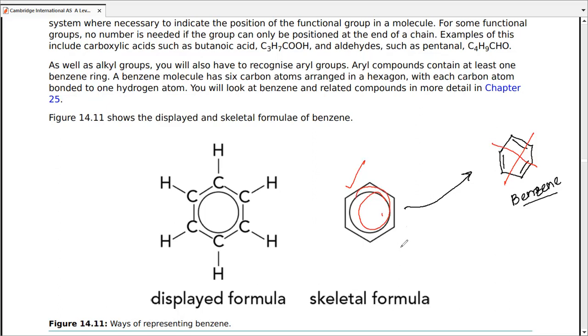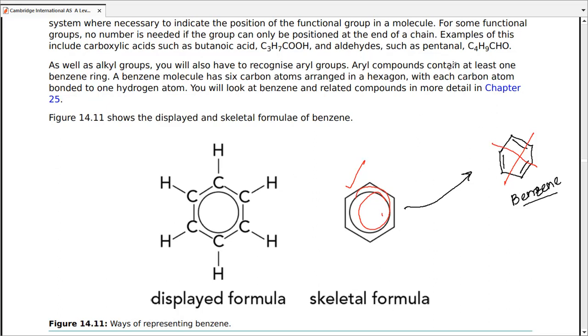Benzene is such an important compound, with so many millions and billions of organic compounds based on it, that organic chemistry, being the largest branch of chemistry, has benzene-based compounds as its largest subpart. This is a huge deal because benzene has a lot more importance than it seems in this simple displayed or skeletal formula.